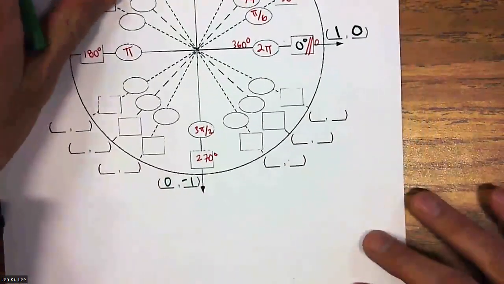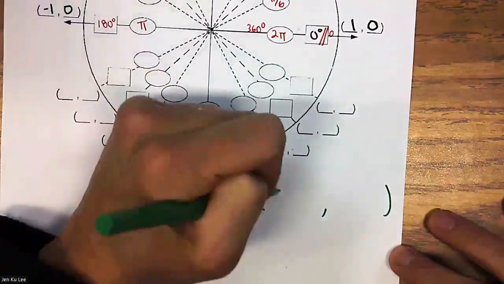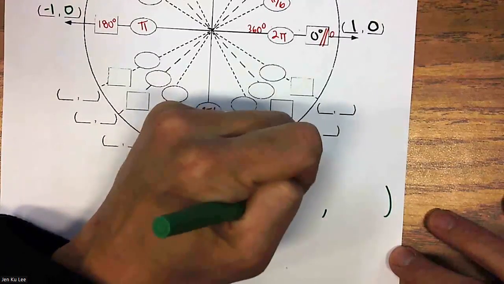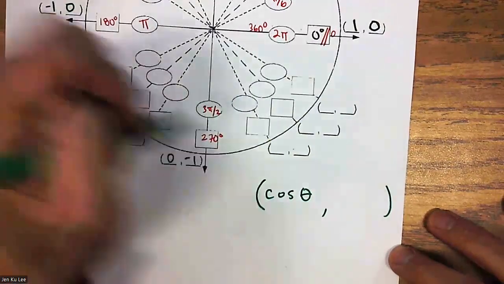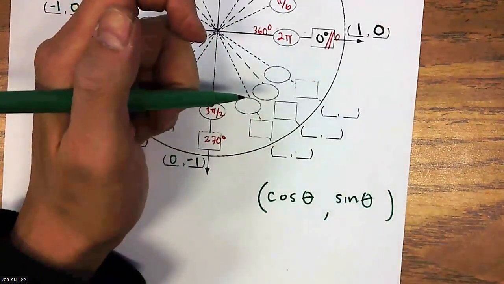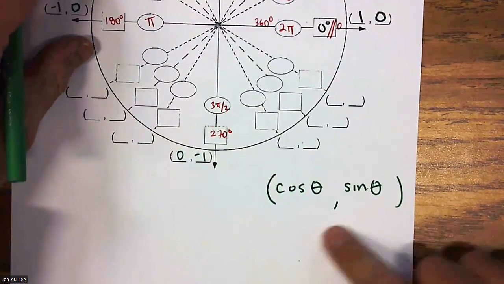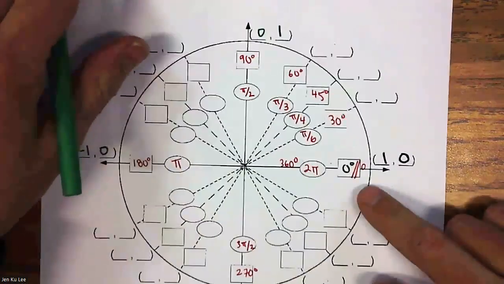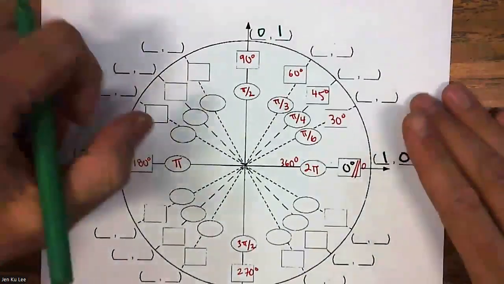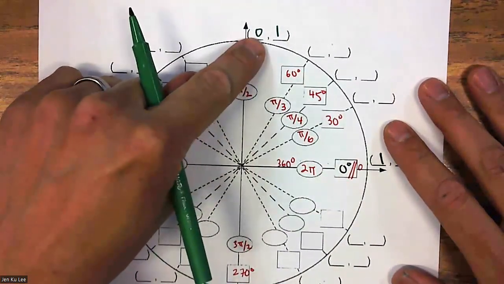And we also said in this unit circle, our coordinate is always going to be cosine of whatever that angle is, theta, comma sine of whatever that is, theta. Right? So that is my coordinate. So I know that, for example, the cosine of 90 degrees is going to be 0.